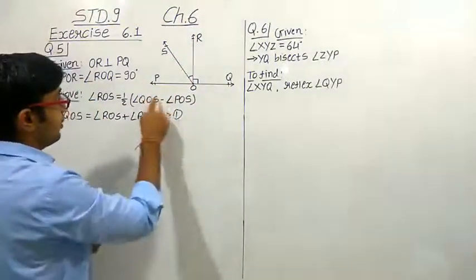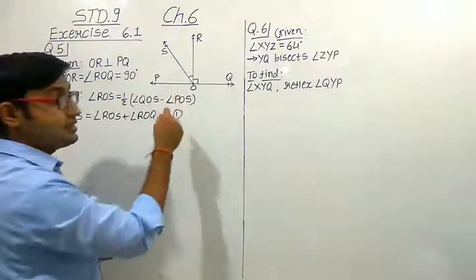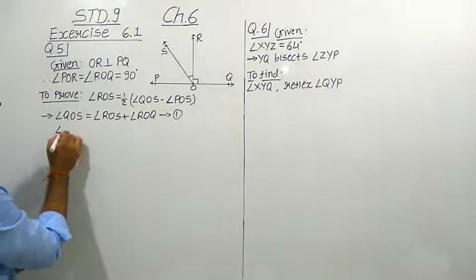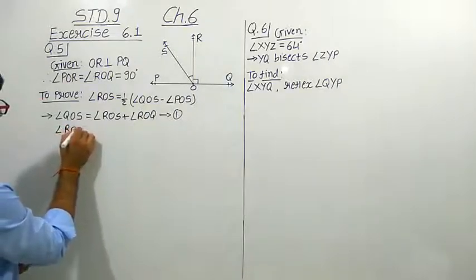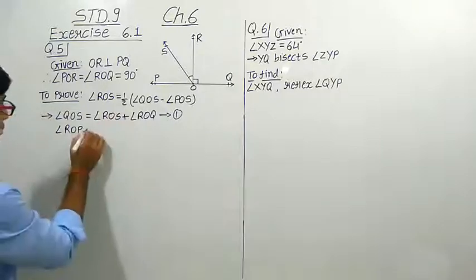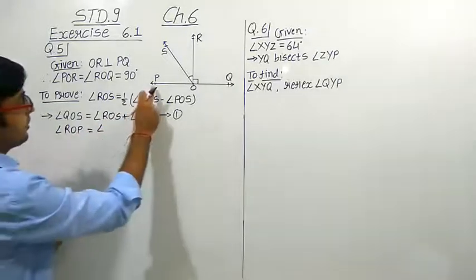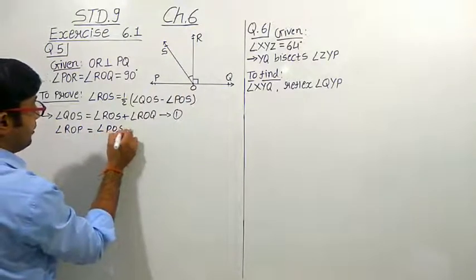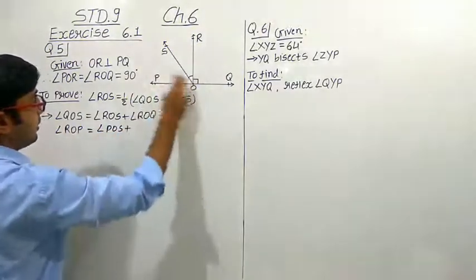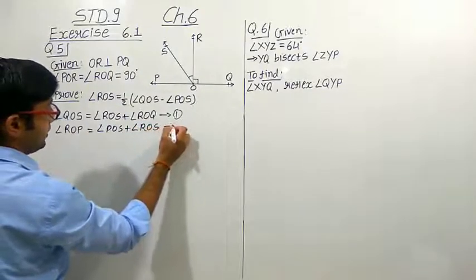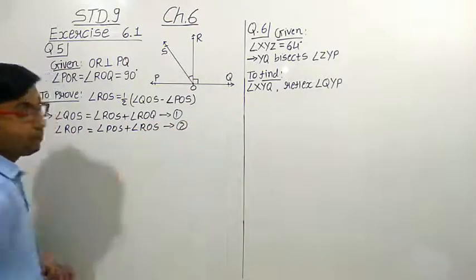So our required angle POS is in that sum. So here we can write down that angle ROP or POR is equal to angle POS plus angle ROS. Give it equation number 2.